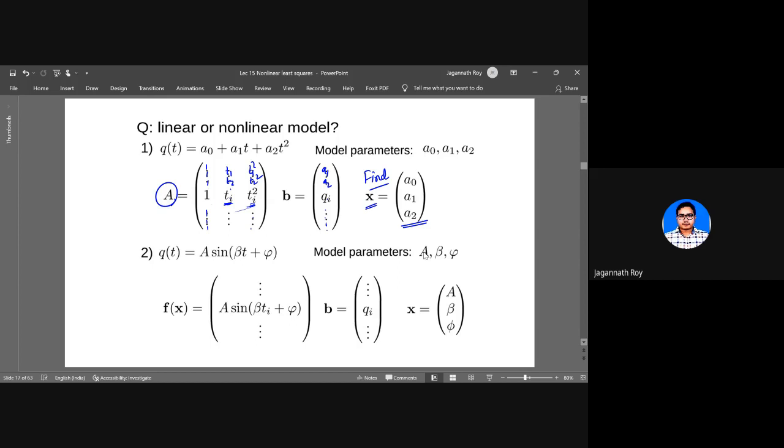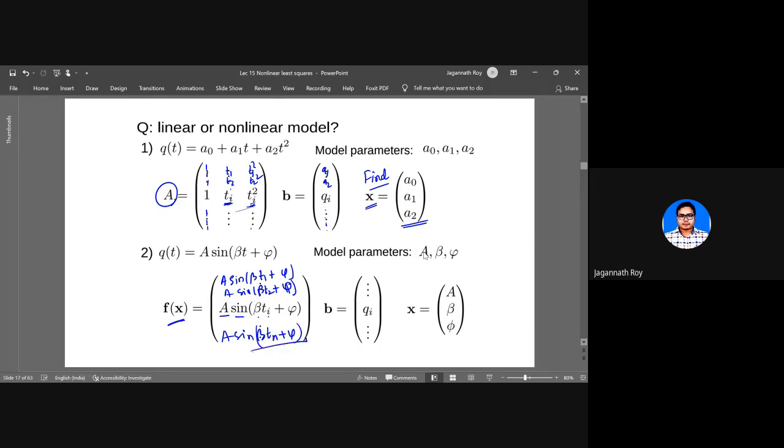Similarly, if the function is given of this form, A sine of beta Ti, then this would be A sine of beta T1 plus phi, similarly A sine of beta T2 plus phi, and A sine of beta Tn plus phi.